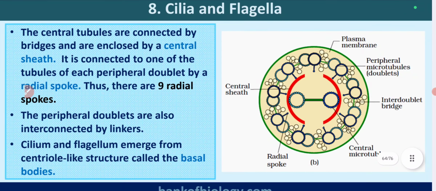The central tubules are connected by bridges and are enclosed by a central sheath. As you can see, it is connected to one of the tubules of each peripheral doublet by a radial spoke. Thus, there are 9 radial spokes present. The peripheral doublets are also interconnected by linkers.